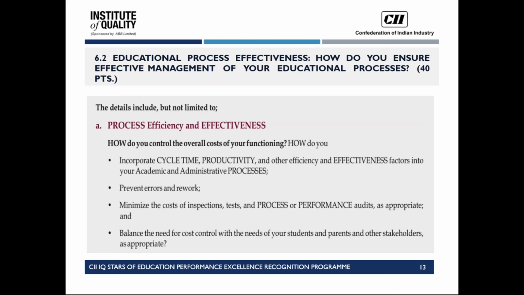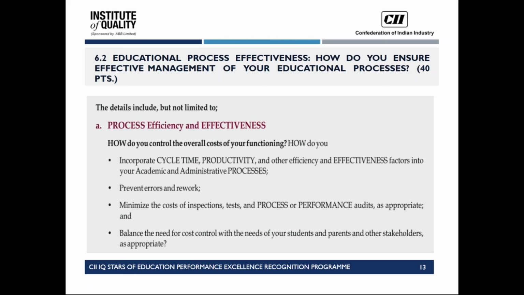Let us look into the subcriteria 6.2 to understand further about the education process effectiveness. Here we have the first area, process efficiency and effectiveness, where the institutions must have the mechanism to control the overall cost of your functioning.